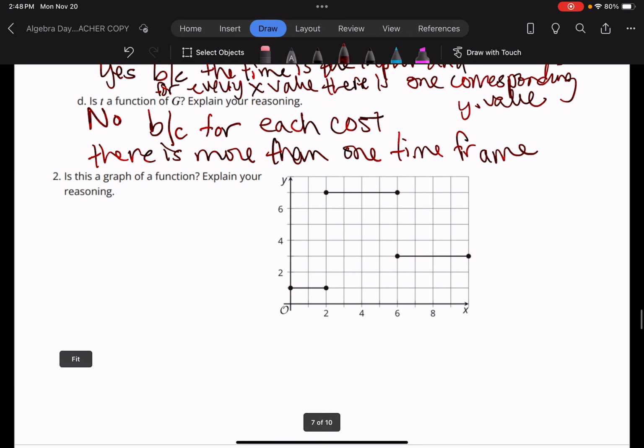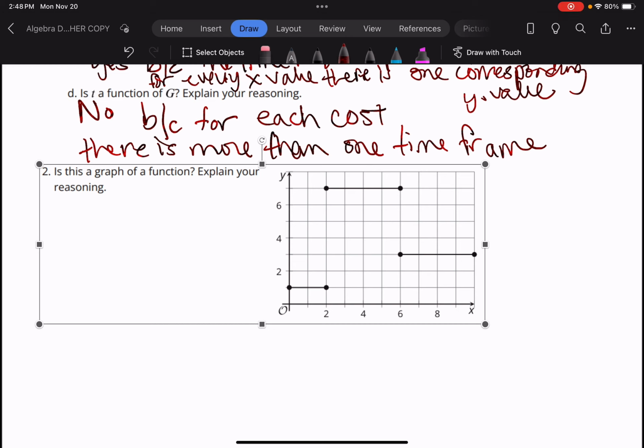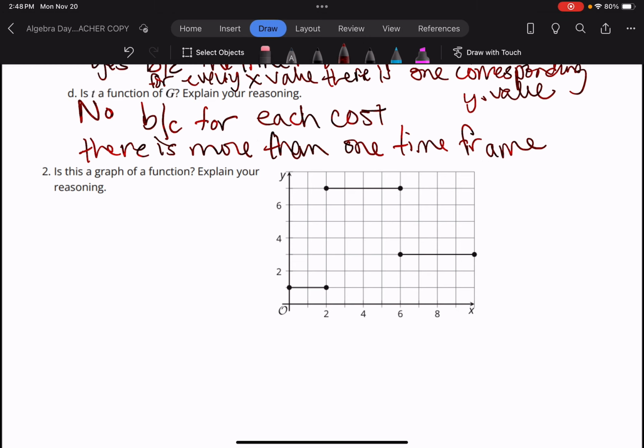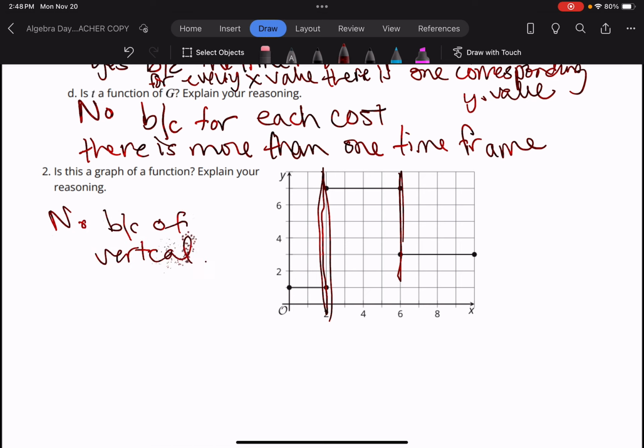All right, is this graph a function? Explain your reasoning. So here, if we go through the vertical line test, we can see that this crosses through 2 points here, crosses through 2 points there. So no, because of vertical line test.